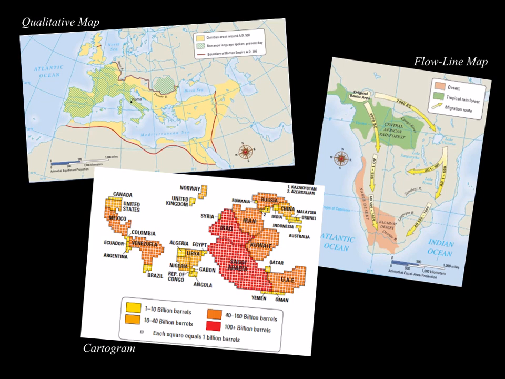It's shown by a series of arrows. And the cartogram, this is a cartogram of how many barrels of oil each country has. So a country like Saudi Arabia is drawn to a much larger size than, say, the United States because they have more barrels of oil than the United States.